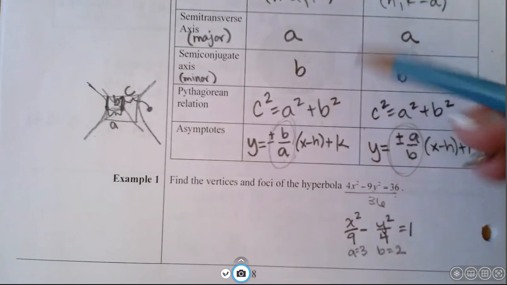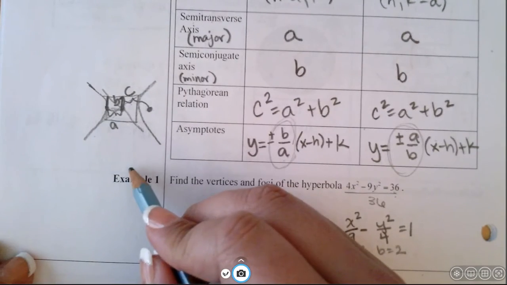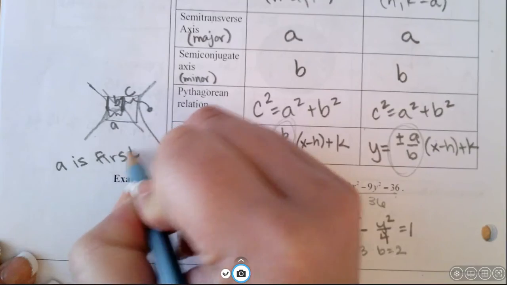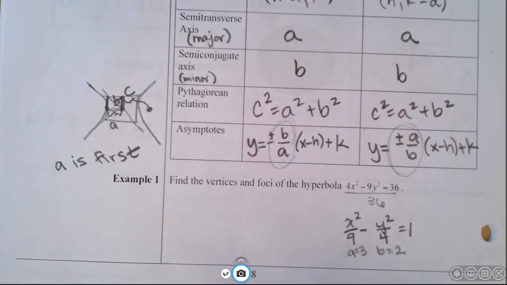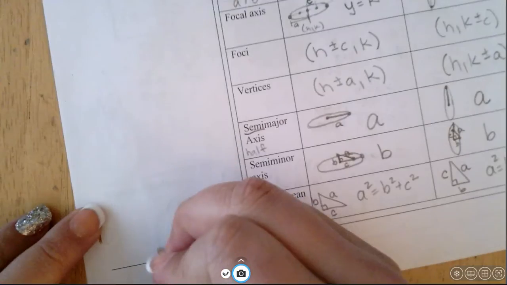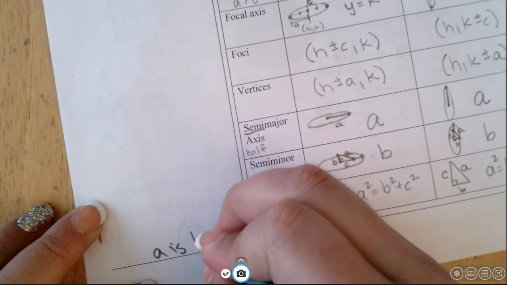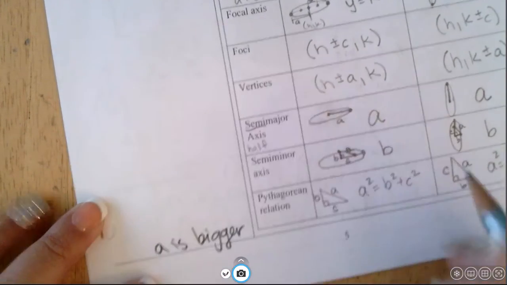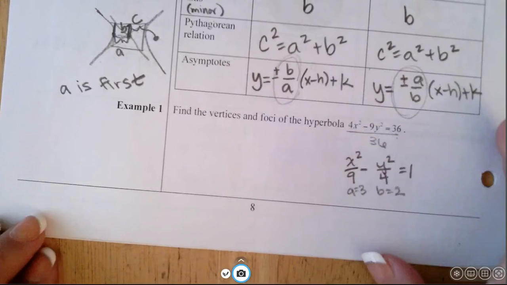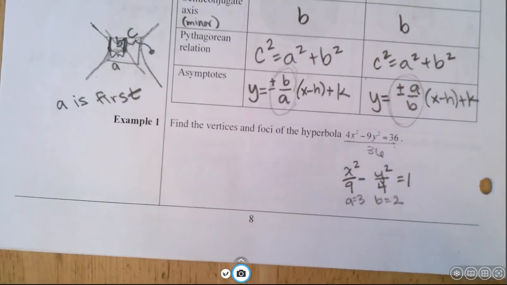So maybe put a note to yourself here, A is first, whereas for ellipses, we can go back and label that for ellipses, A is biggest, or bigger, because there's only 2 values, right? So that's another way that we can keep track of the difference between ellipses and hyperbolas.